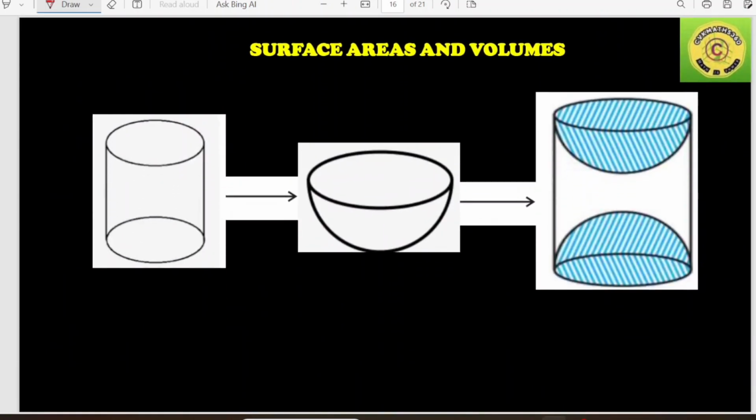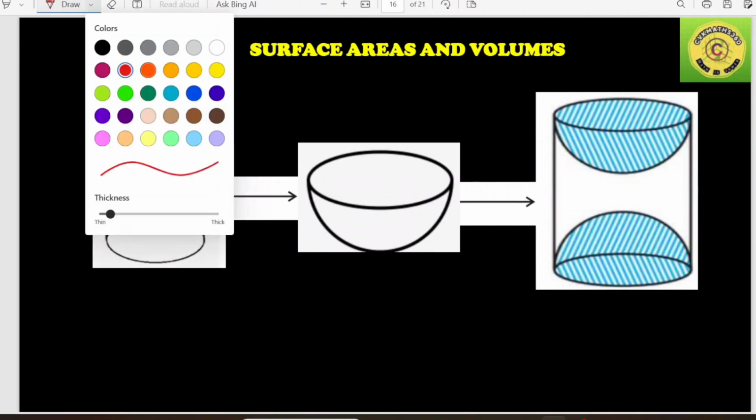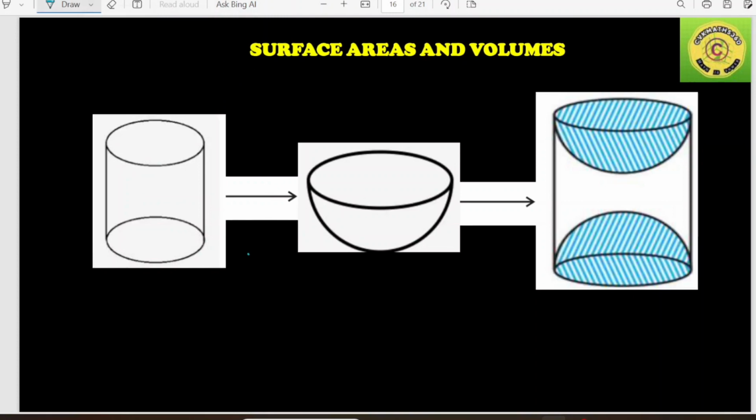And also volumes. Volumes are very easy. What we are going to calculate is given. For example, it is a cylinder scooped with two hemispheres.